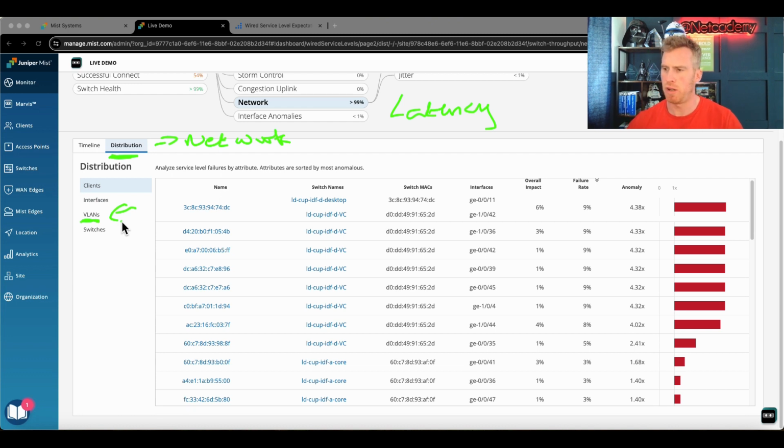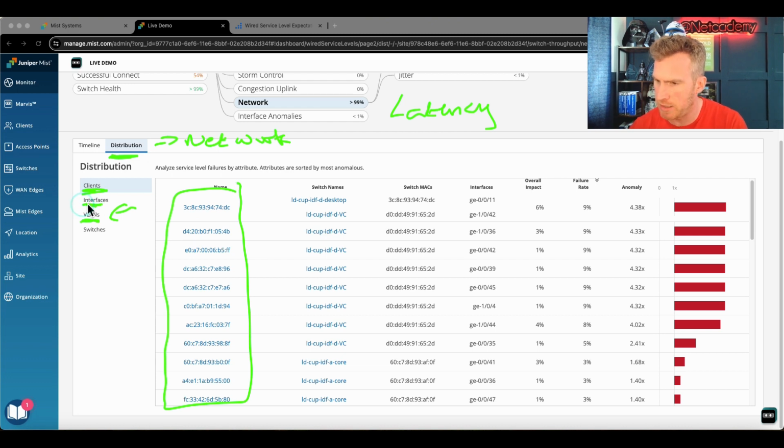The AI is able to show an operations team where that latency is distributed across those VLANs. We can also see all the clients that have had their experience impacted by that latency, what interfaces this is on, and of course the switches themselves.